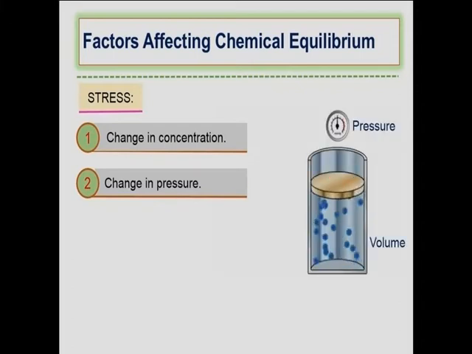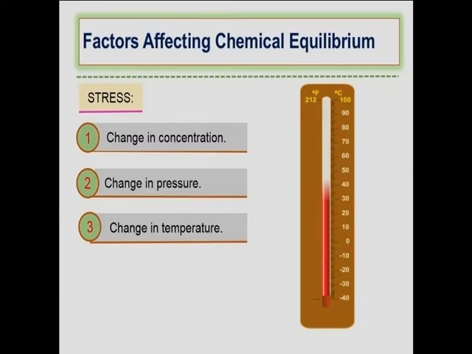Pressure is inversely related to volume. If the volume becomes smaller, then pressure increases. And the next factor that we have is change in temperature. I will explain in a later part of my presentation how these stresses influence the chemical equilibrium.